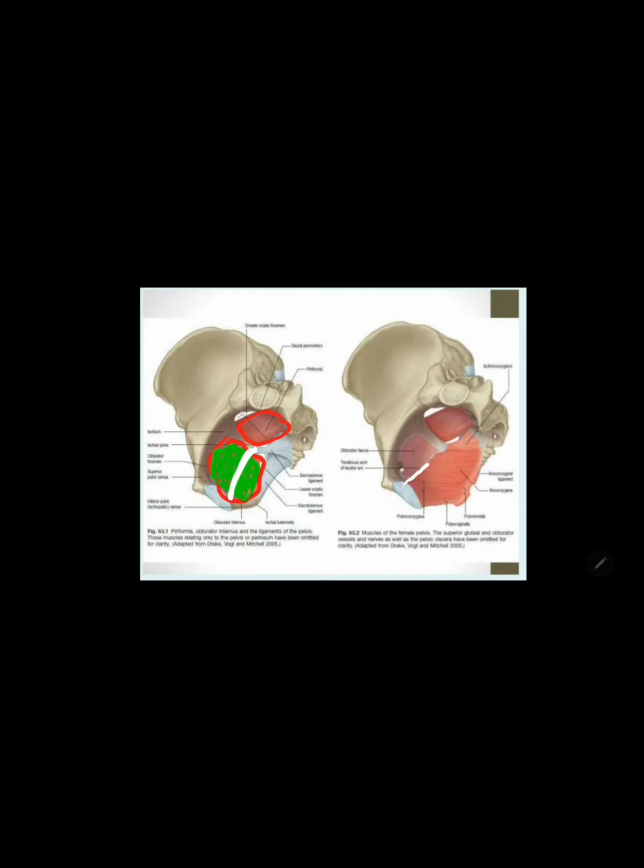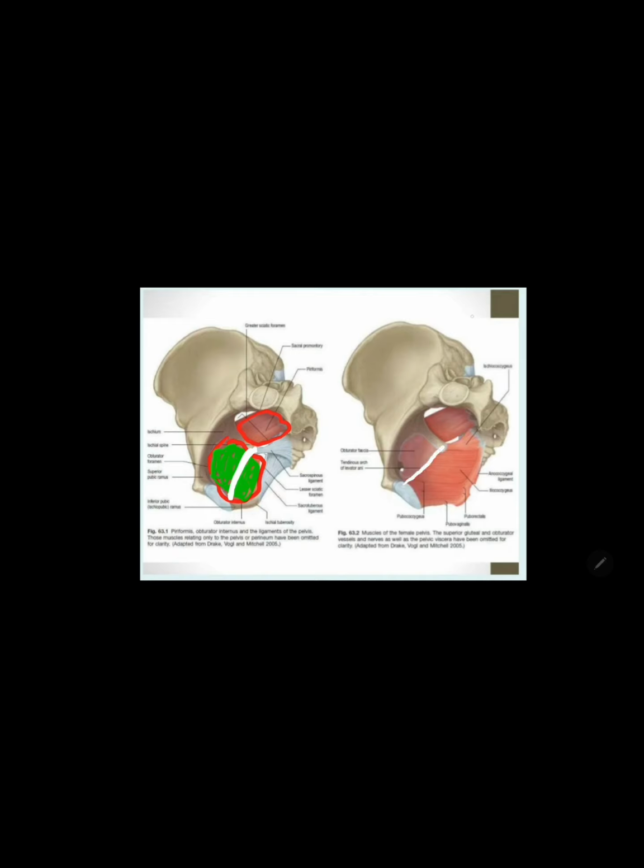This tendinous arch is important in understanding the origin of the muscles forming the levator ani and pelvic diaphragm. So that's why these lateral wall muscles are important. And you can see here the base of the pelvis seen in lithotomy position. You can see all these muscles covering the urogenital triangle and anal triangle.